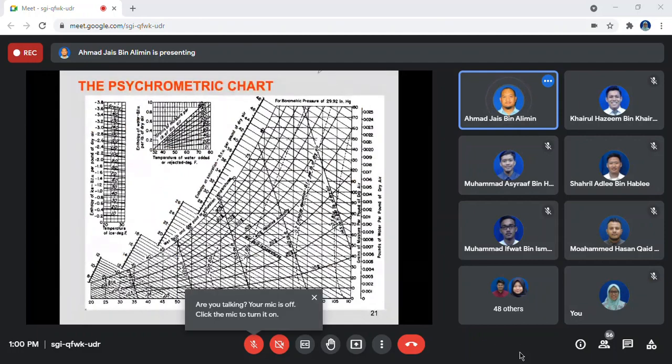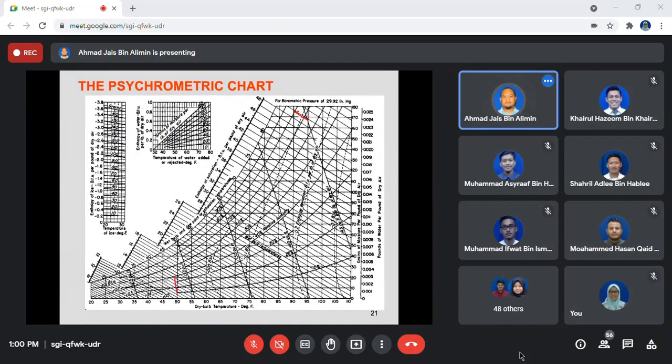Okay. Let's look carefully at this line. So this is the vapor temperature. Okay. This one is the vertical dry bulb. This is your relative humidity, which is also the parameter to define the saturation conditions.